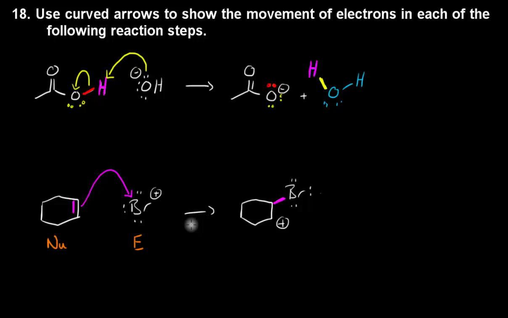In this case, we don't really have to worry about breaking a bond because we're not violating the octet rule for the bromine or the carbon. But the one thing you do have to keep in mind here is overall charge balance. So the bromine has a positive charge, and the cyclohexene is going to be neutral.